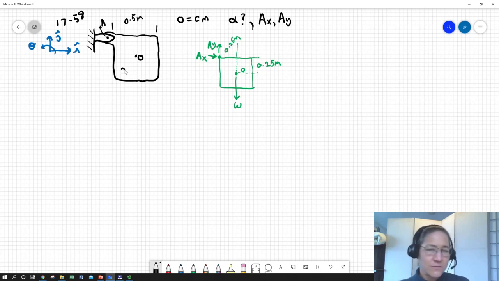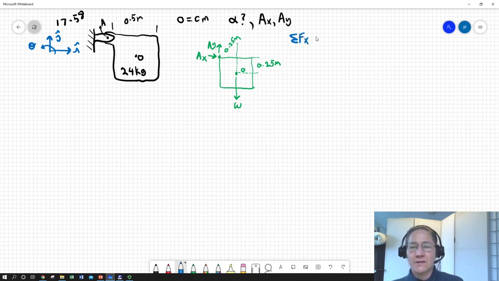It's 24 kilograms. So it's much easier to apply Newton's second law when we have a mass. So from our FBD, we can write Newton's second law expressions. We can say the sum of the forces in the x direction is going to equal the mass of the body times the acceleration of the center of mass in the x direction.